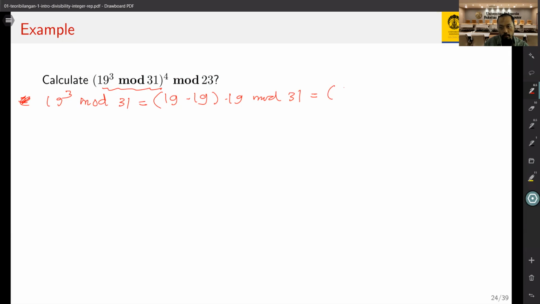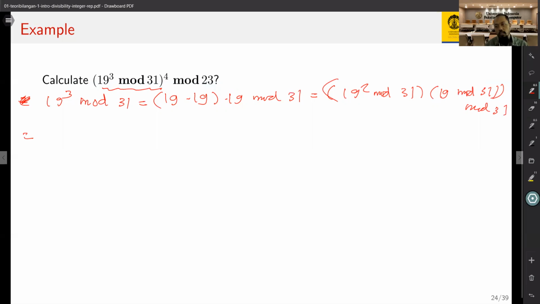Let's write it down in a simpler way: 19 mod 31 times 19 mod 31, and then you perform mod 31 again. What is 19 times 19? 361.